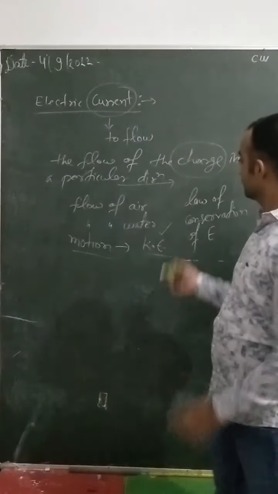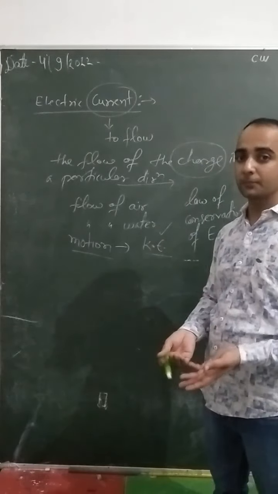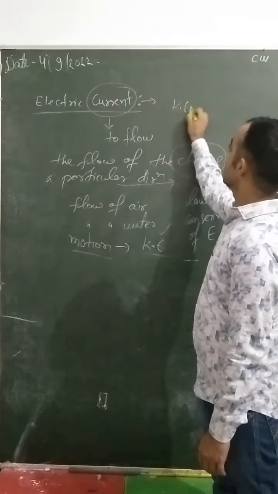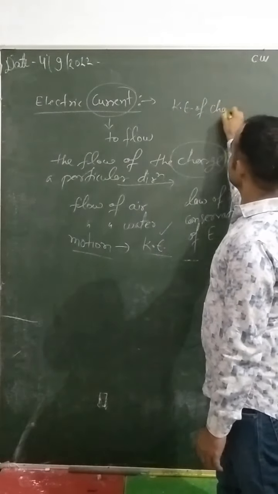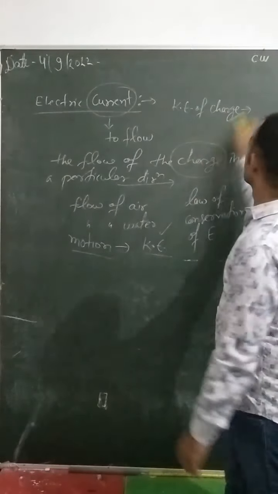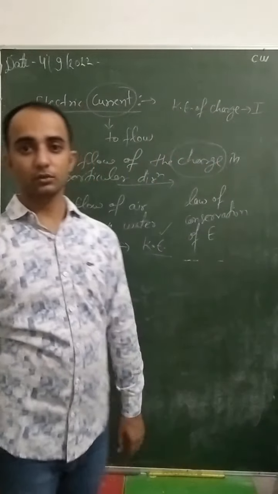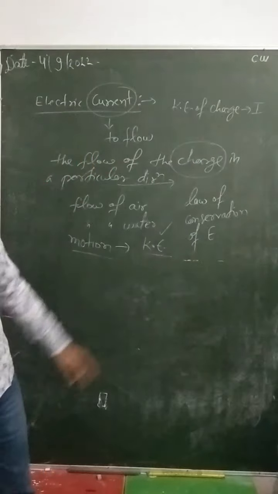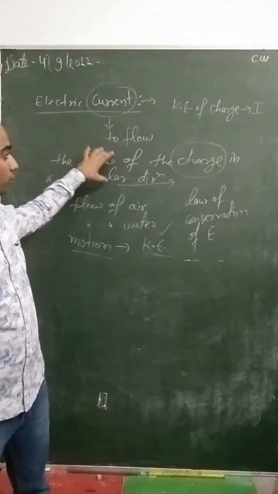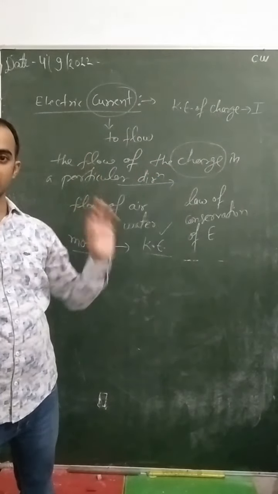Here the charged particles are in motion, so they possess kinetic energy, and the kinetic energy of charge will convert into another form of energy, that is electric energy in the form of current. Current is also an electric energy. So it is the flow of the charge in a particular direction that we call electric current.